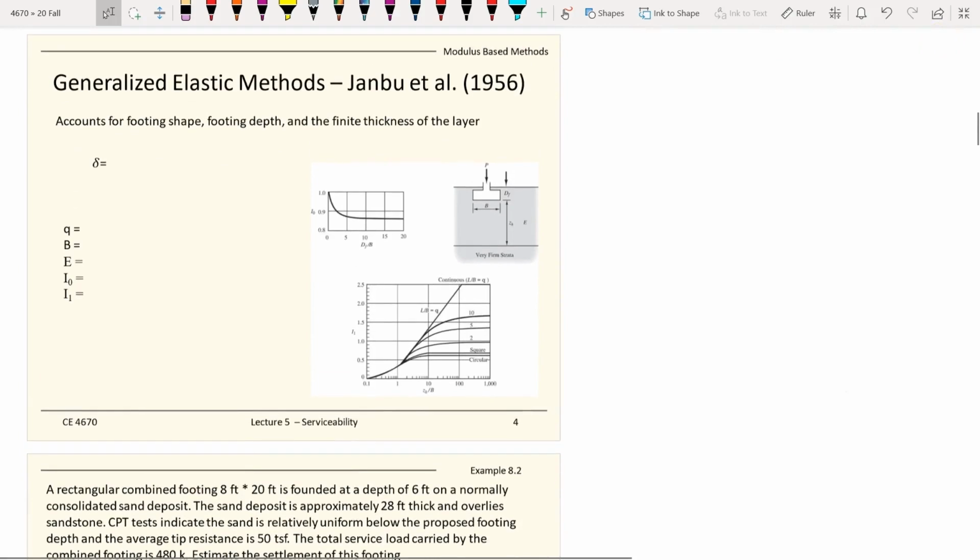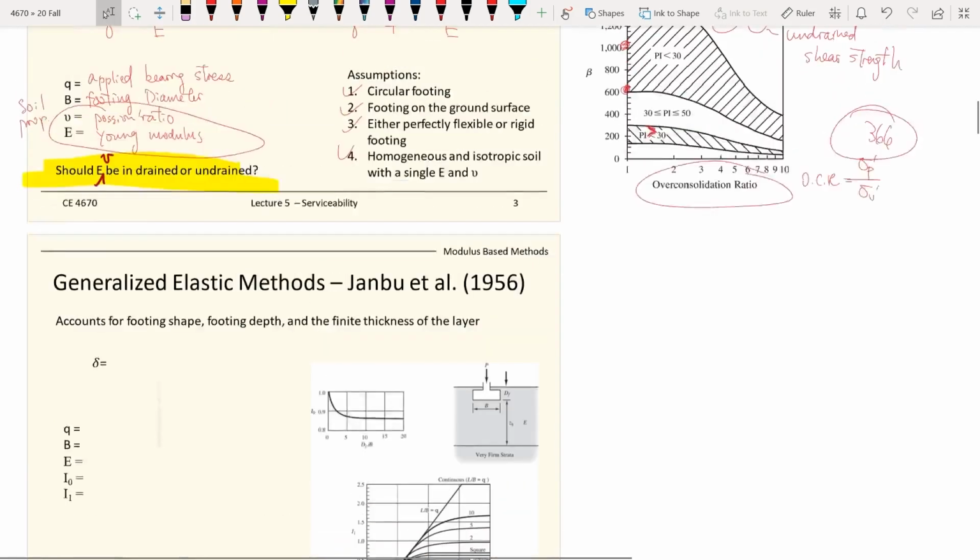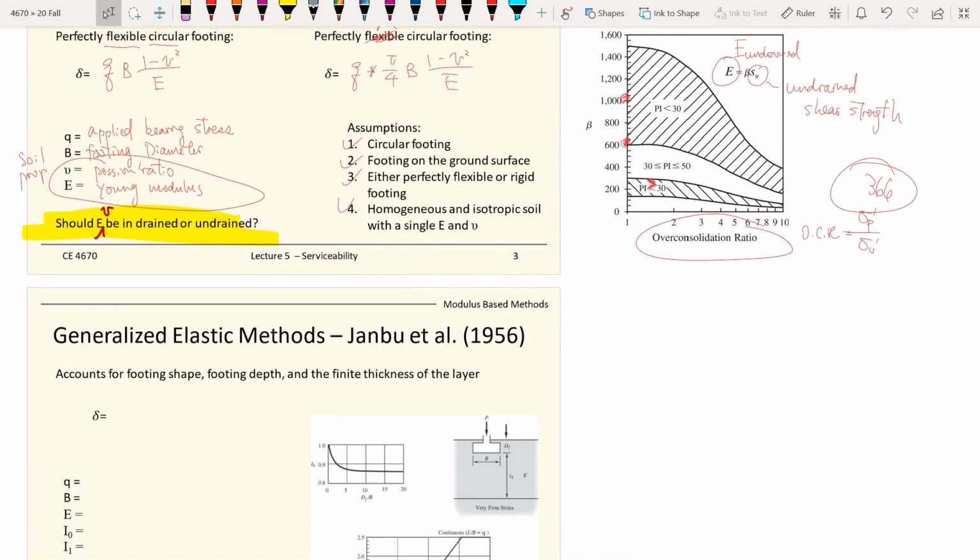Okay, so the next method that we want to discuss is the generalized elastic method, from the original paper, James Law 1956. From the previous method, we see all the limitations: it only works for circular footings, only at the ground surface, and can only take care of one kind of soil with a single modulus and Poisson's ratio.